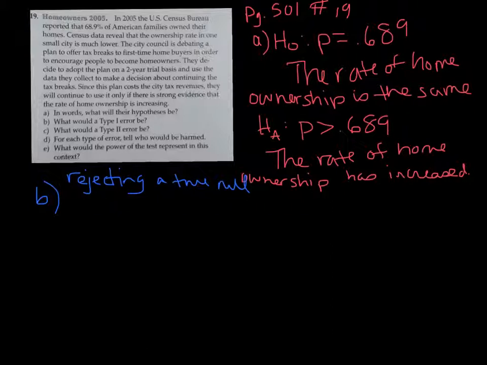So if this null hypothesis is true, that means that the rate of home ownership is the same. If you were to reject the null hypothesis, that would mean that the city would assume that the rate has increased.